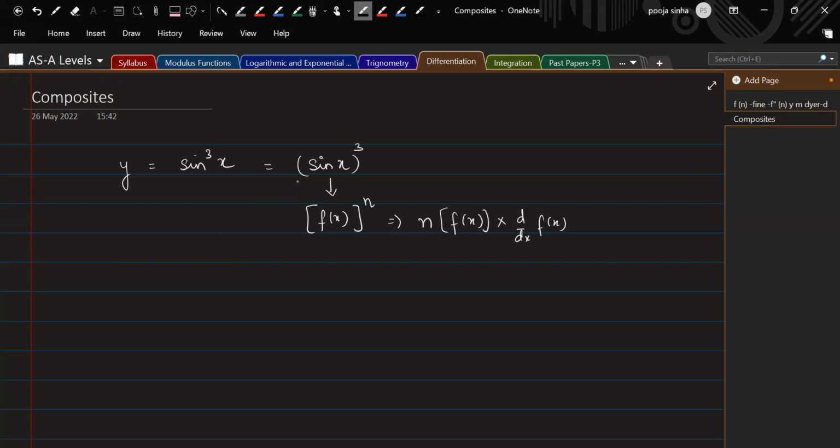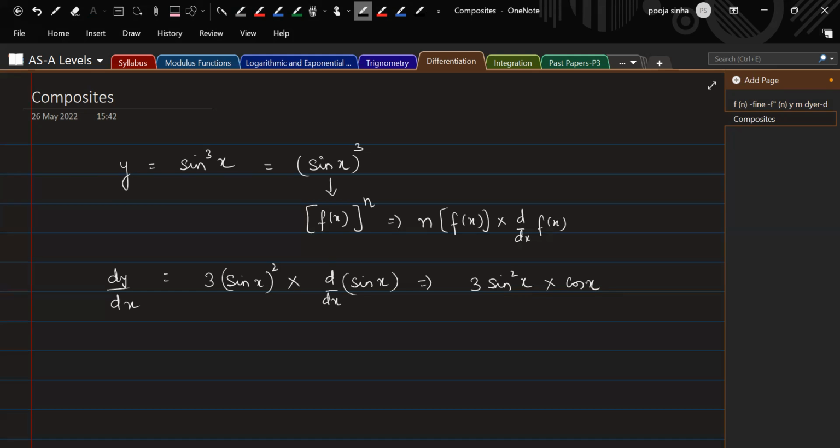In the same way, we have to apply. dy by dx will become 3 sin x whole square multiplied by, now I have to do d by dx of sin x, correct? So what does it become? 3 sin square x into cos x.